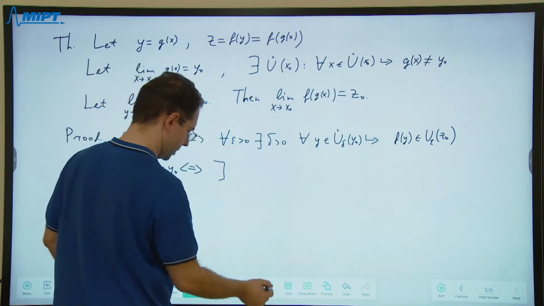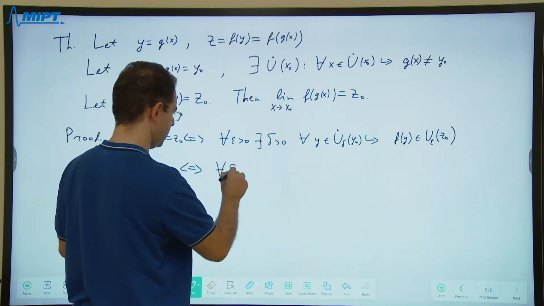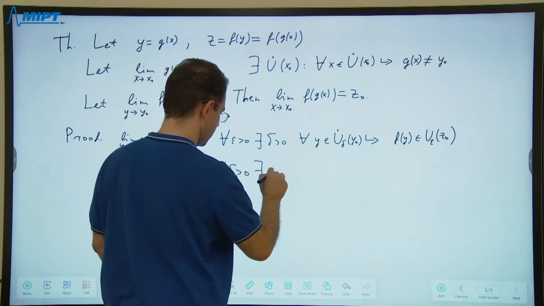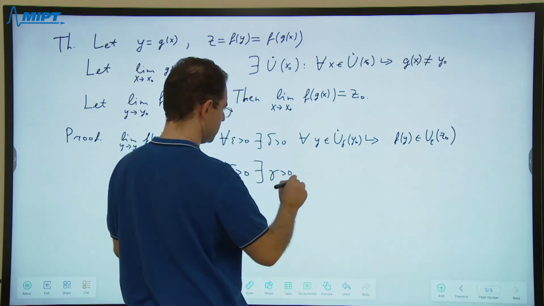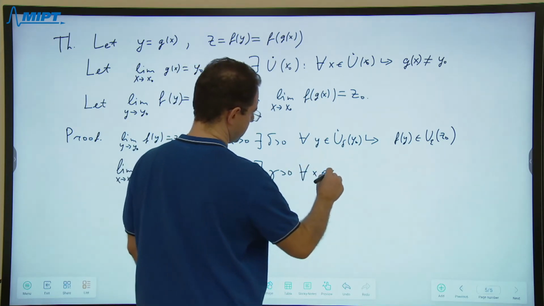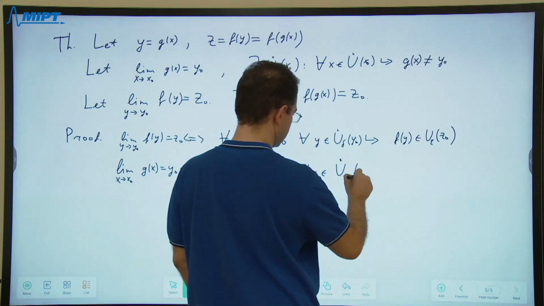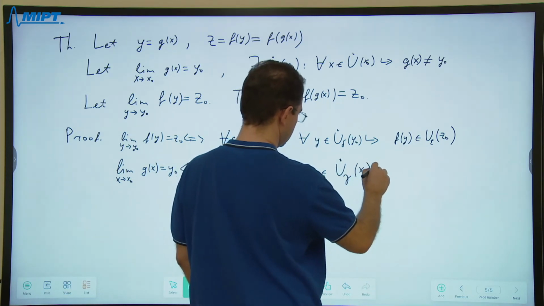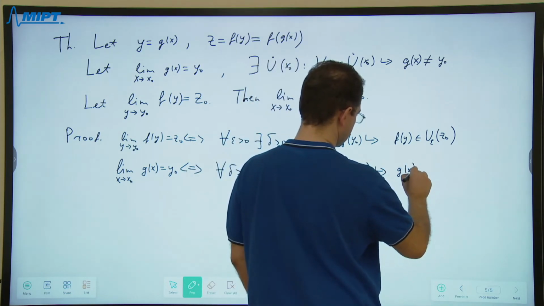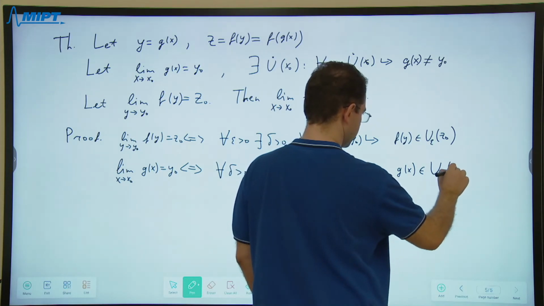So for any delta greater than 0, there exists gamma greater than 0, such that for any x from the deleted gamma neighborhood of x0, it follows that g of x is from the delta neighborhood of y0.